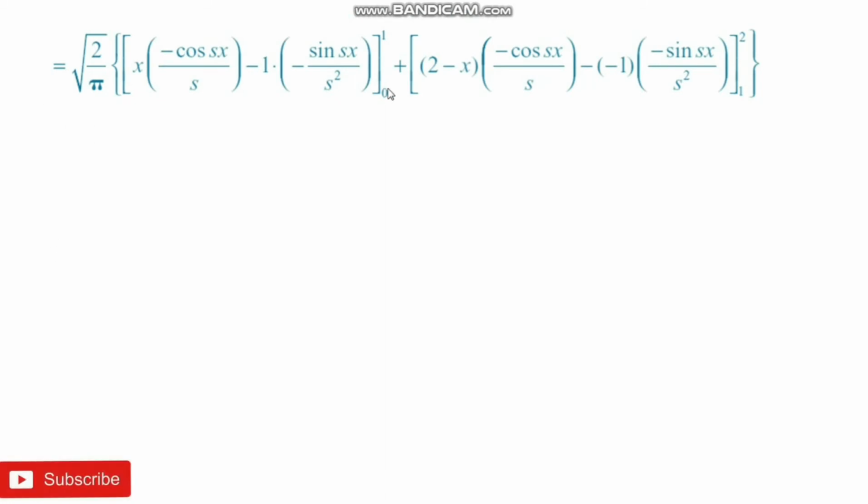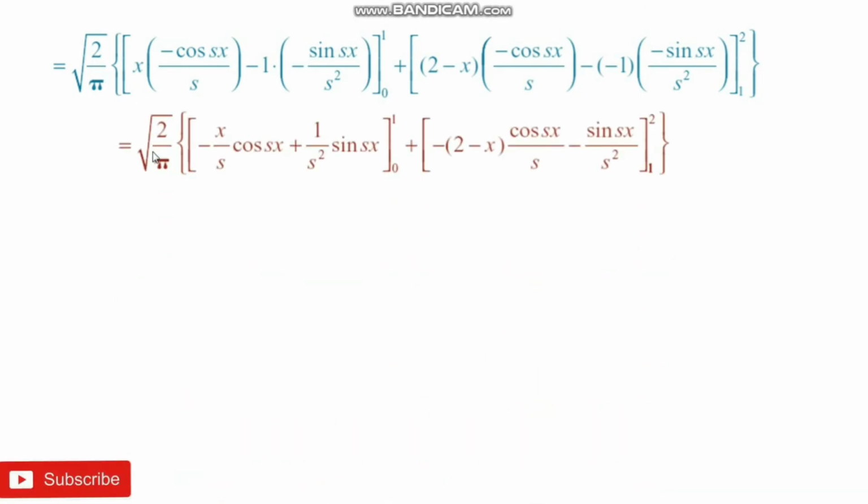We have taken this expression from the previous slide, square root 2 by pi. It has multiple signs. Express the entire result with a single sign: negative x by s cosine sx, negative of negative, positive 1 by s square sine sx.